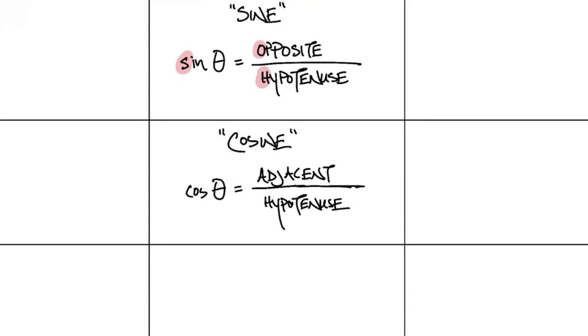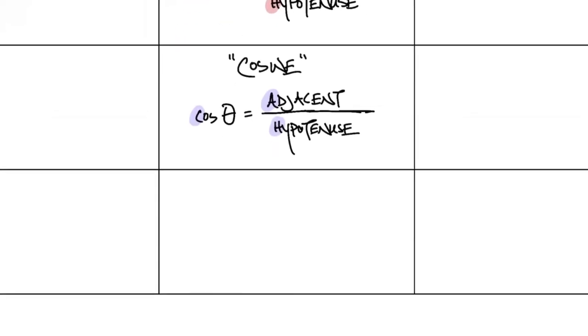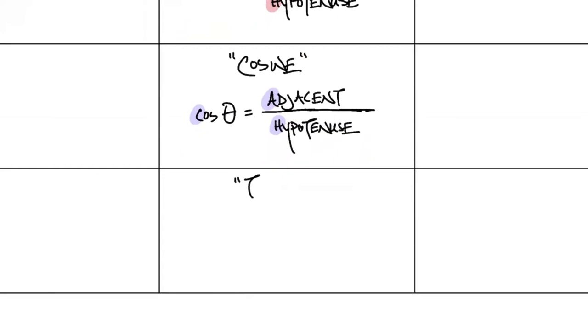All right, and if we go back to our SOH-CAH-TOA from the beginning, the C stands for cosine, A stands for adjacent, and H stands for hypotenuse. And last but not least, we have tangent. And just like sine and cosine, we abbreviate tangent with the first three letters.